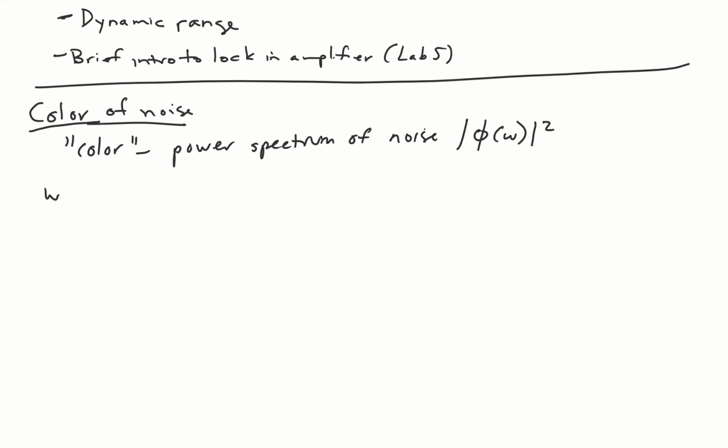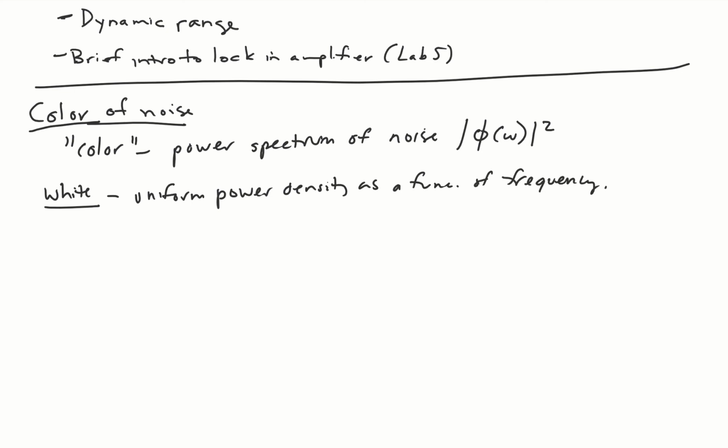And we've been working pretty extensively with white noise, where if we write this out again, it's going to be a uniform power density as a function of frequency. And if you remember, we defined that this is called white because it's an analogy to light.